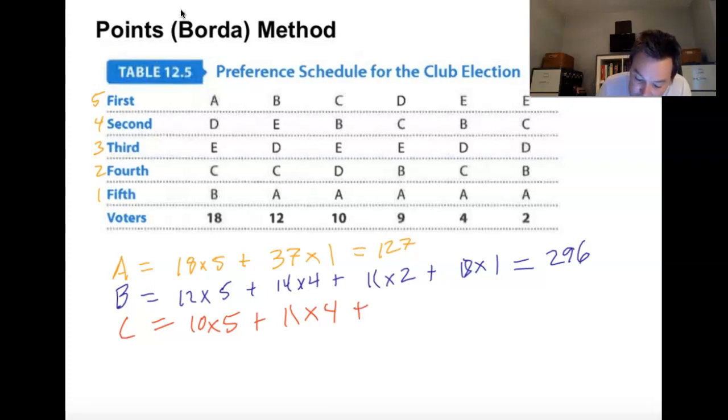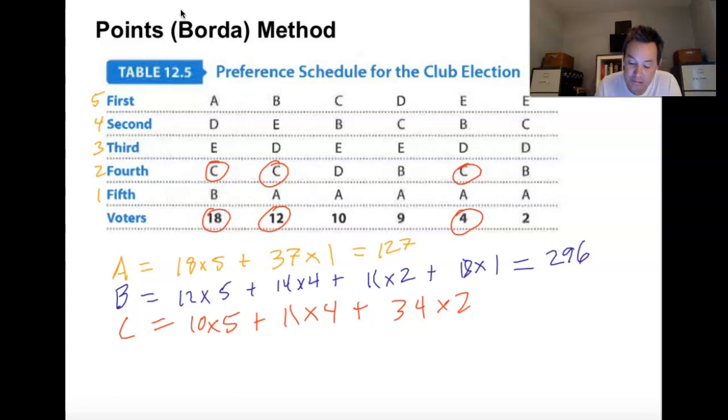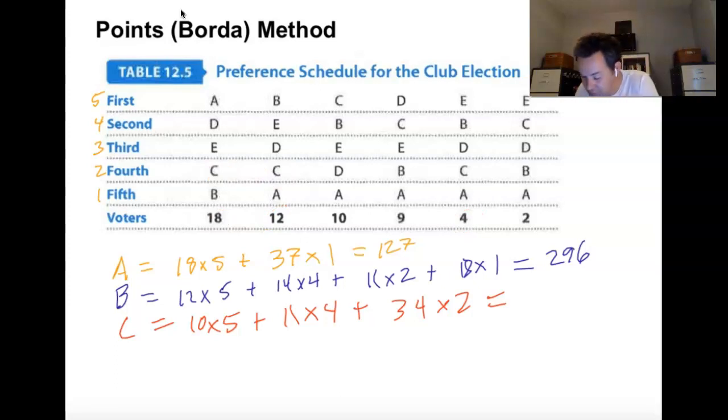Fourth place, so add those up, that's 34. 34 times we get 2 points for 4th place, and then no 5th place votes. So 10 times 5 plus 11 times 4 plus 34 times 2. It's 162.